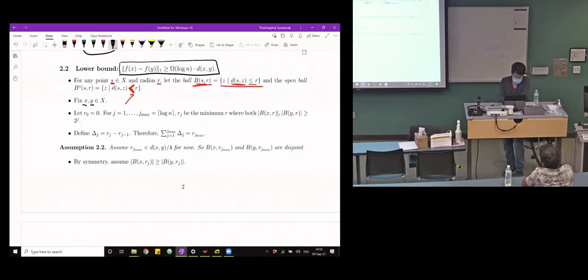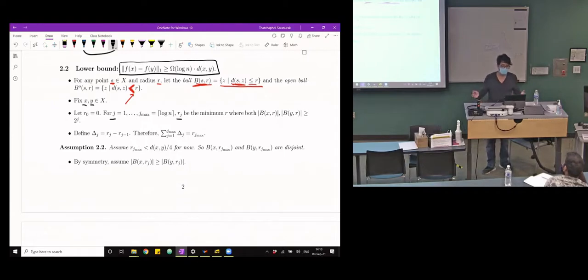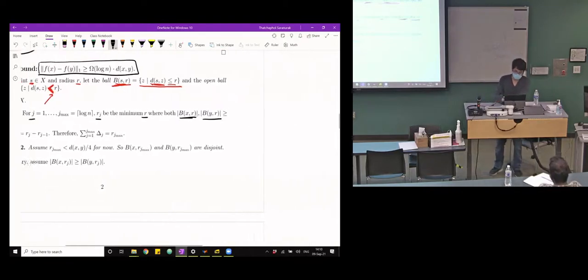So now let's fix X and Y, and for each j, let me define rj to be the minimum radius r such that the ball around x and the ball around y is bigger than 2 to the j.